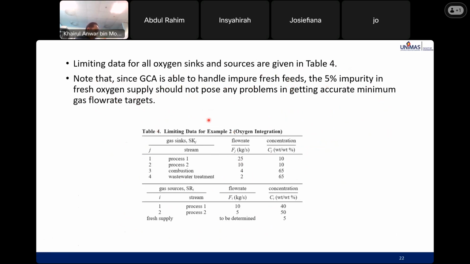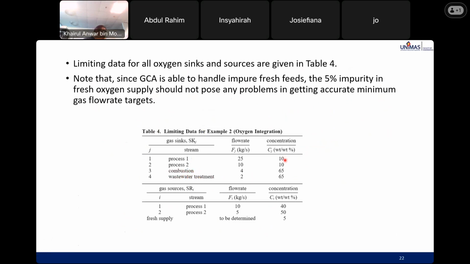In this case, refer back to figure 3. The gas is coming to process 1, inlet for process 1 at 25 kilogram per second, inlet for process 2, as a fuel for combustion, and source of oxygen for aerobic treatment in wastewater treatment.